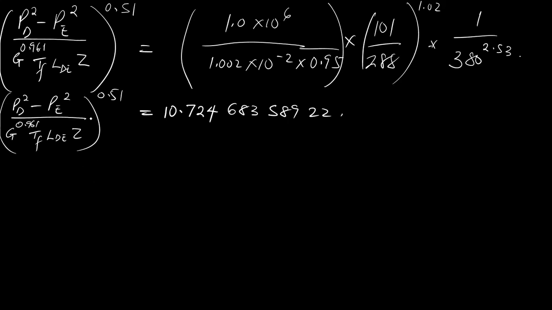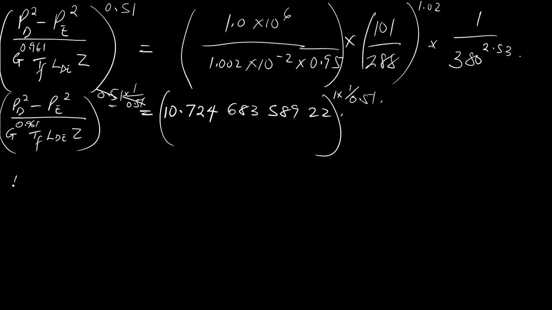Now we can remove this power here. To remove this power is to multiply the powers of both sides by 1 all over 0.51. So we multiply the powers here, which is 1 multiplied by 1 all over 0.51, so this will cancel out.